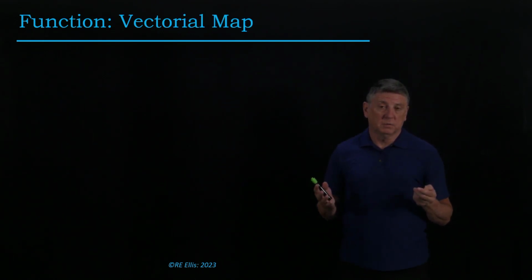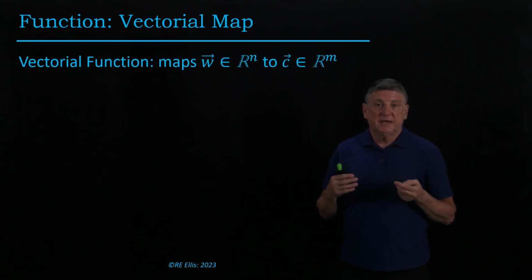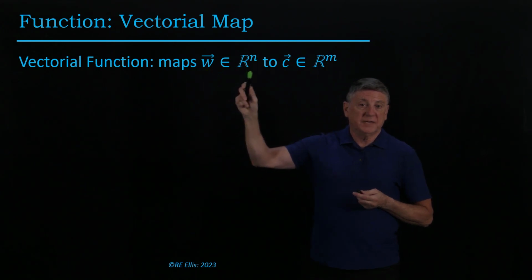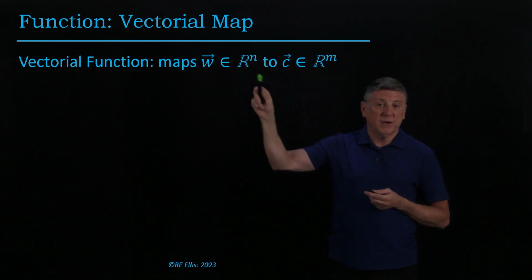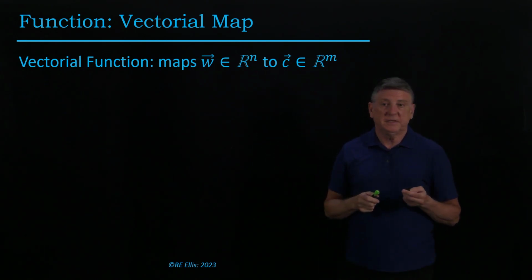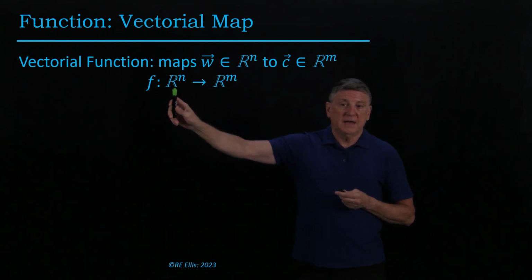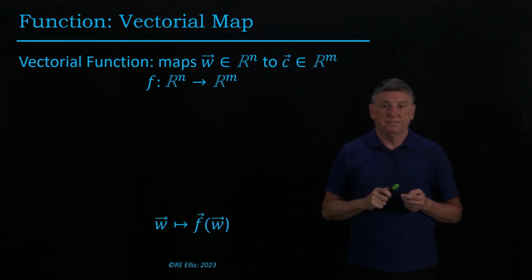Now, a vectorial map is a further elaboration of these concepts. Here what we do is we want to map a vector w that has n entries to a vector c that has m entries. So n and m can possibly be different. We write this as f is a map from the coordinate space of size n to the coordinate space of size m.